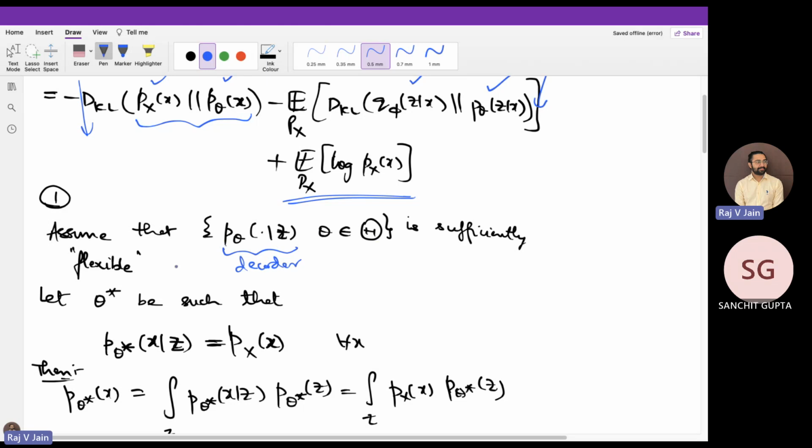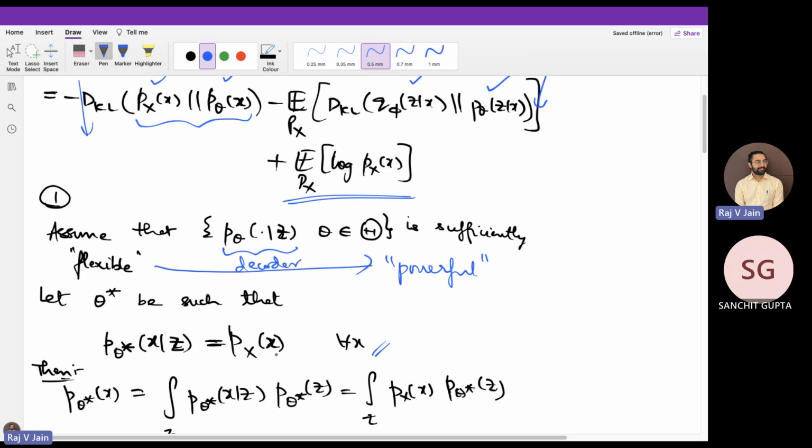Let's say it is sufficiently flexible. By flexible here, they mean very powerful, able to match any sort of distribution, so any distribution has the possibility of being explained. So let theta star be such that p theta star of x given z is equal to p of x for all x, right?